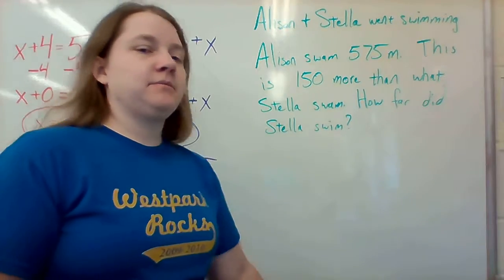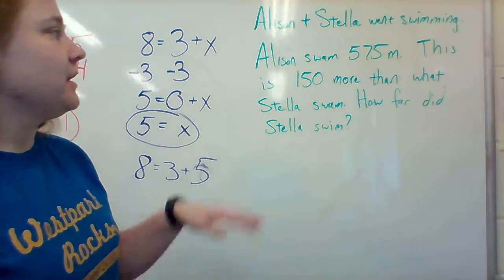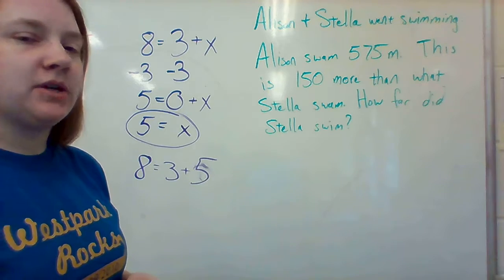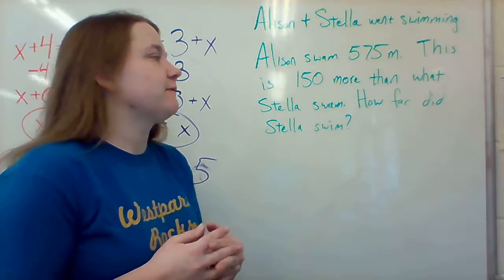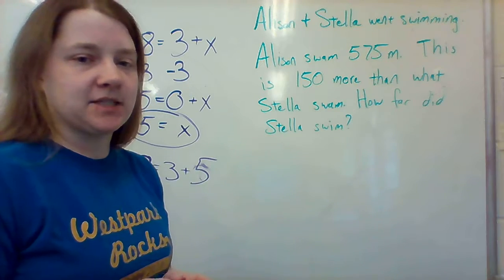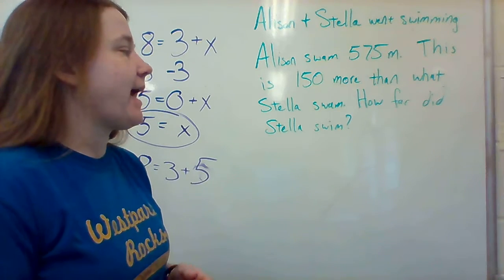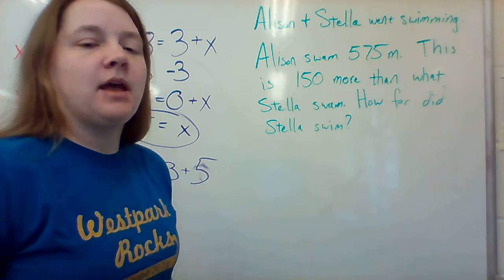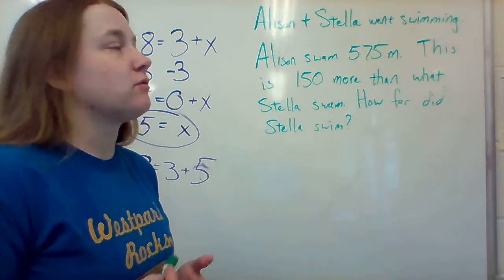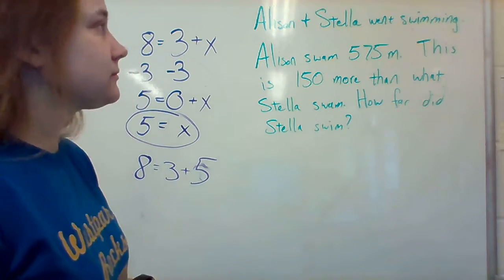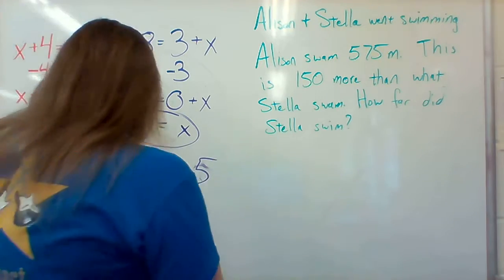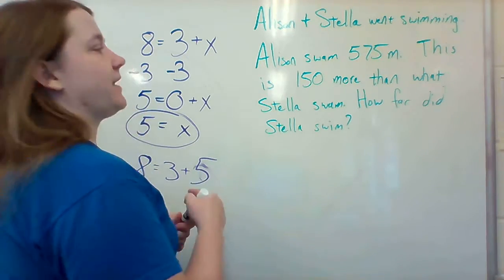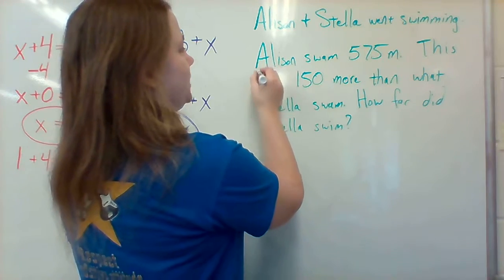Allison and Stella decided to go swimming one day. Allison swam 575 meters. This is 150 more than what Stella swam. So we need to figure out how far Stella swam. And we are going to figure this out by writing out an equation. Here's what we know. We know that Allison swam 575 meters.